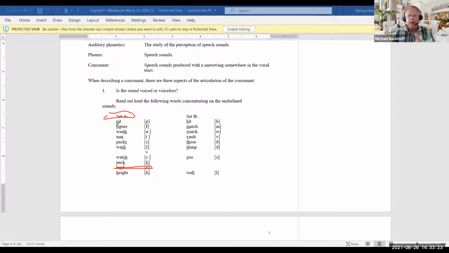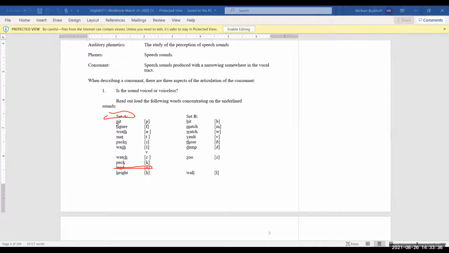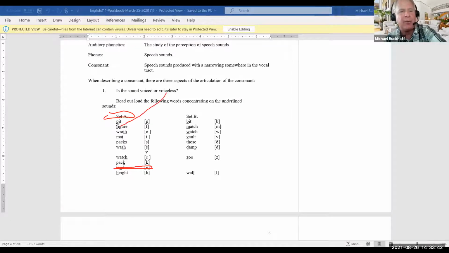So if you look at set A, would you look at these as being voiced or voiceless consonant sounds? They're voiceless. Exactly. So we will say that set A represents voiceless consonant sounds.